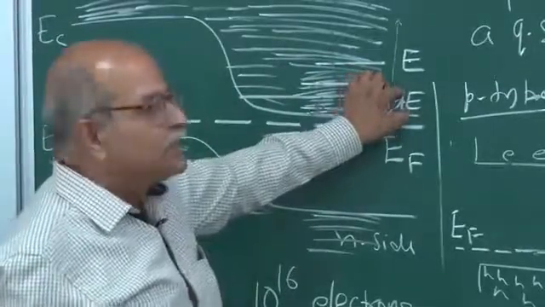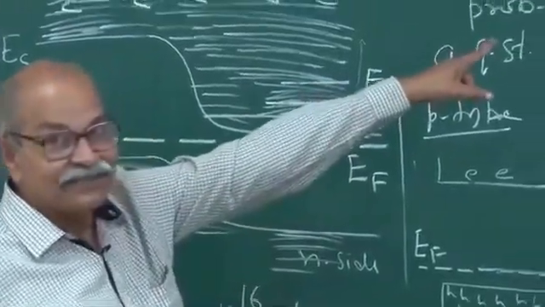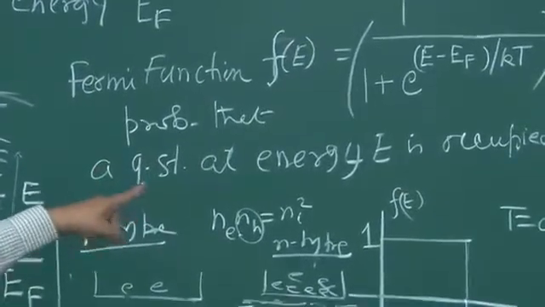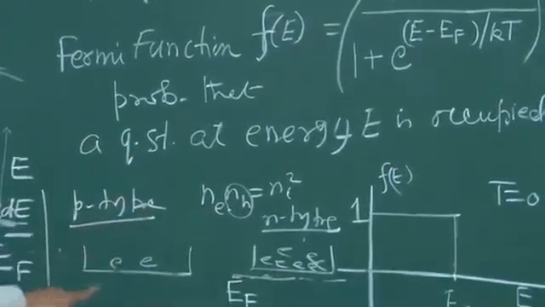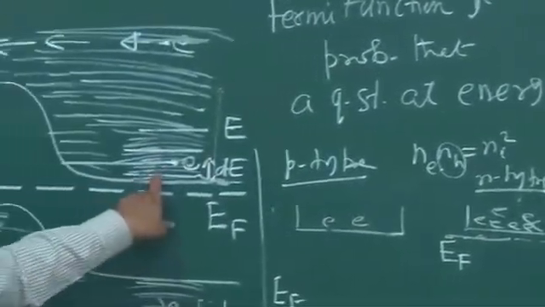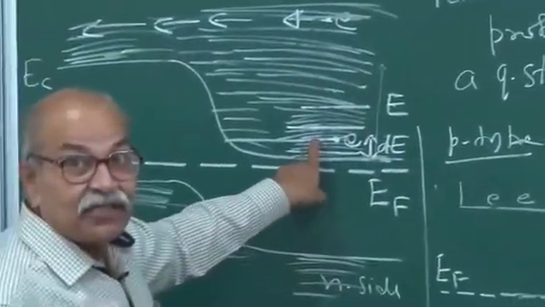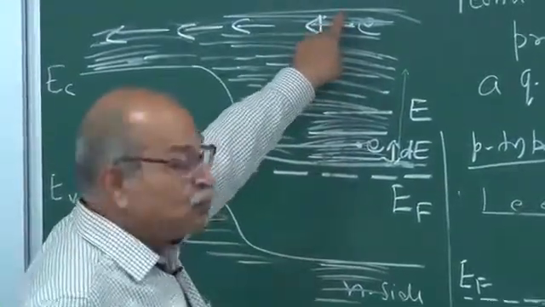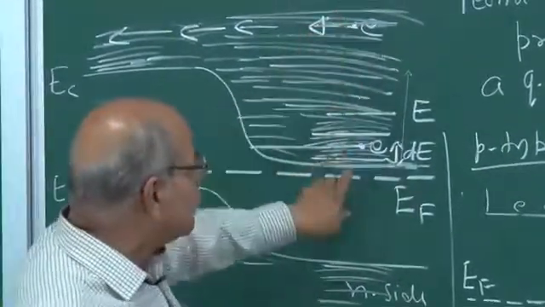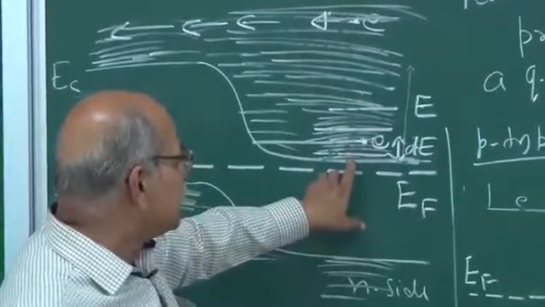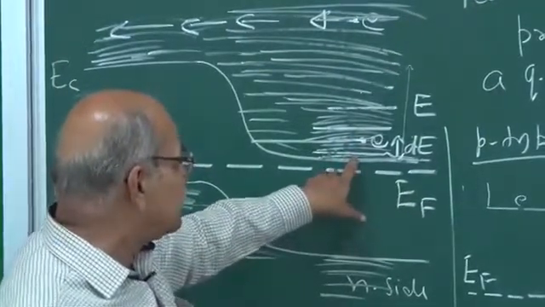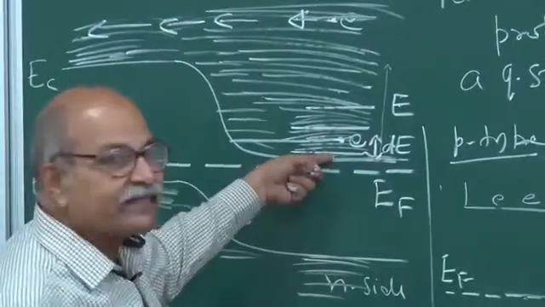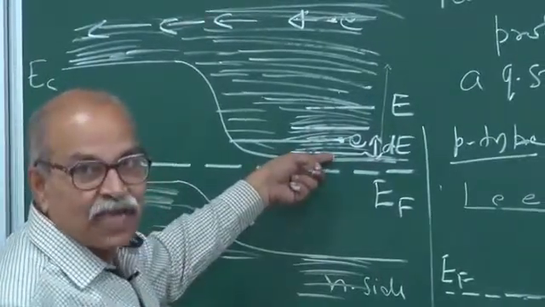This probability is needed, yes, but something else is also needed: how many quantum states are available here. The quantum states are not uniformly spaced; you have a distribution of quantum states. The probability at the bottom of the conduction band is largest, but the number of quantum states there is smallest, very few.